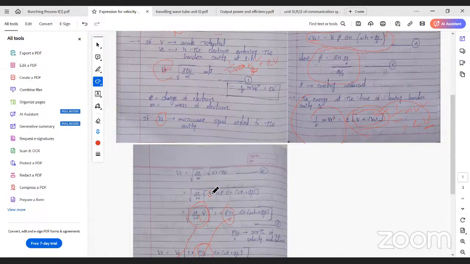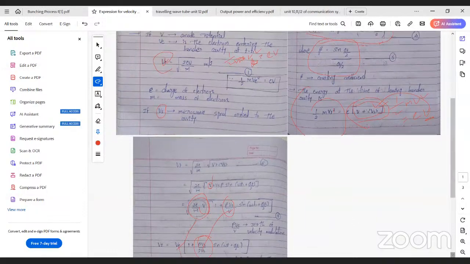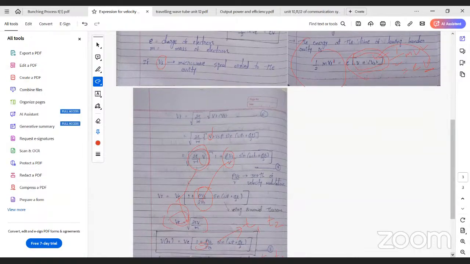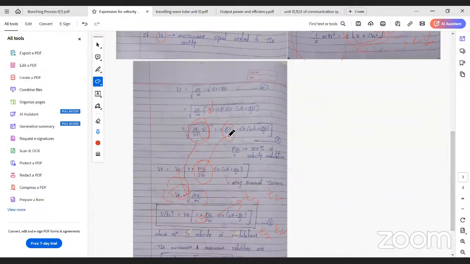Keeping capital V common, we get 2eV by m times bracket 1 plus beta Vs by capital V sin omega t1 plus theta t by 2. Up to here is completed. Next, in place of 2eV by m, I am writing the velocity of the electron VE, and in place of capital V, I am taking 2 times the radial velocity VR. We will get the final equation.